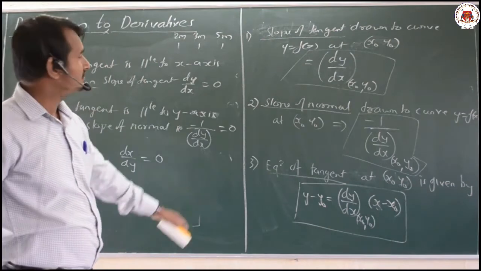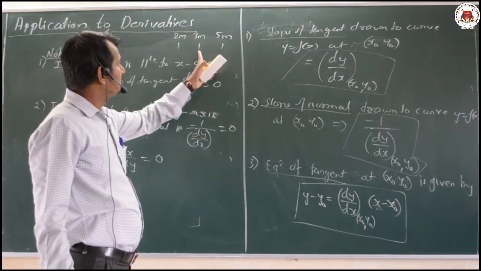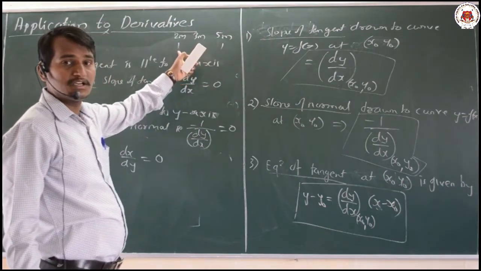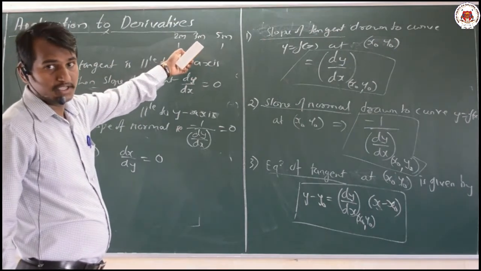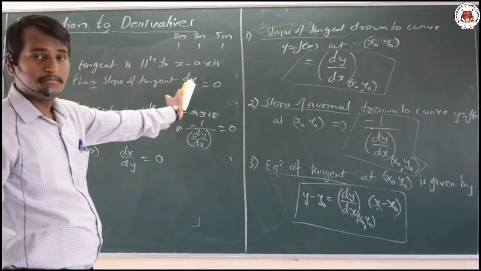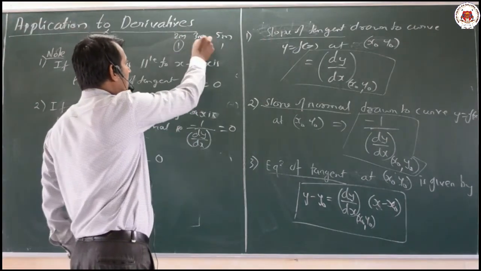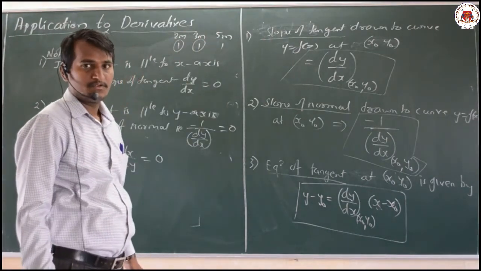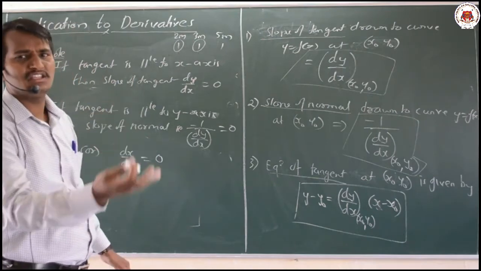That means this chapter carries 5 plus 3 plus 2, a 10 marks topic. Tangent and normal may be asked for either 2 marks or 3 marks.